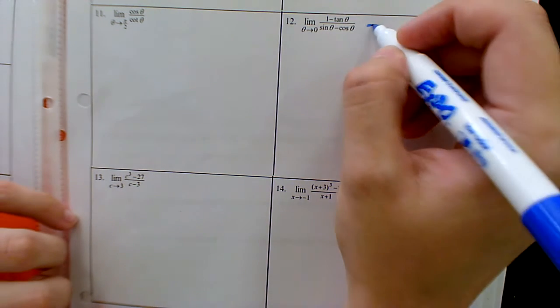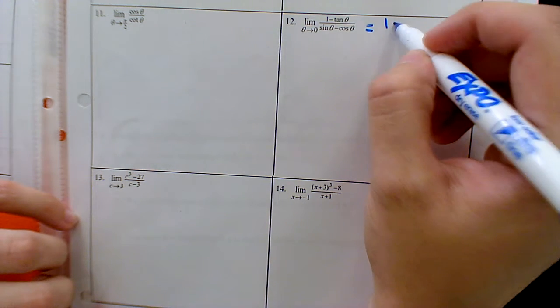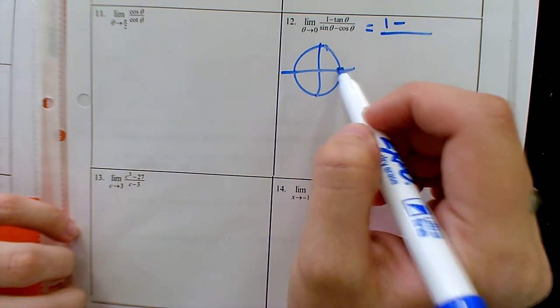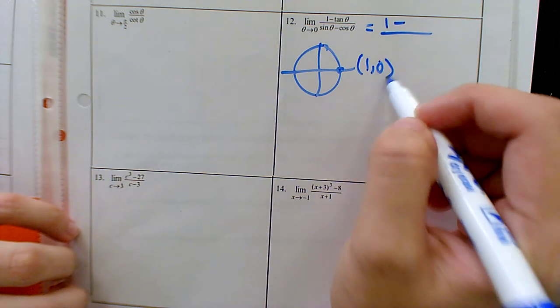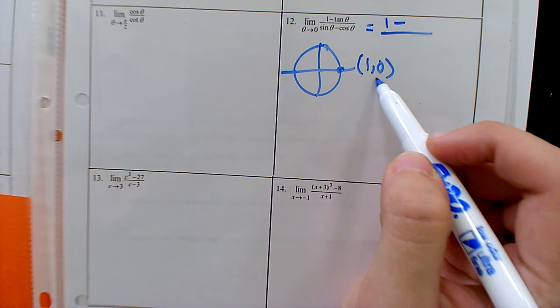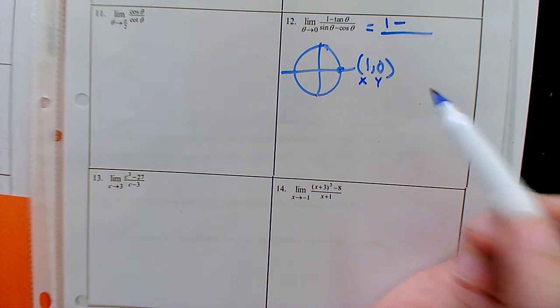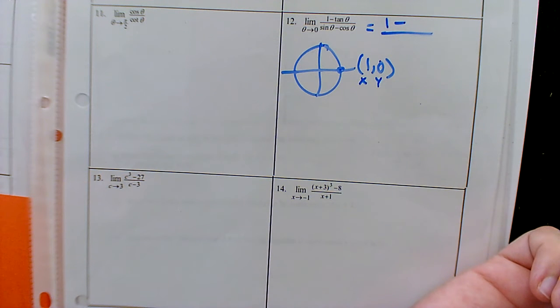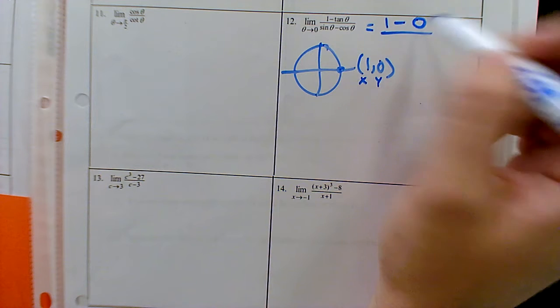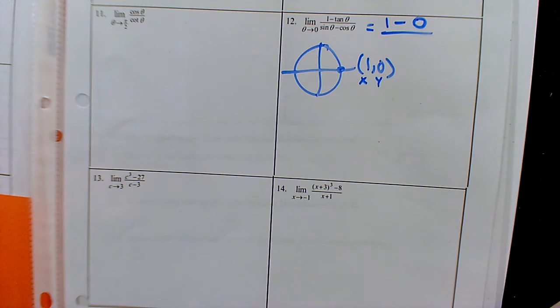If you plug in 0, well, let's try it. If we plug in 0, tangent of 0, we're thinking about the beginning point on the right over there, which is (1, 0). So if we did tangent, we would need the sine divided by the cosine. So 0 divided by 1 is 0, right?